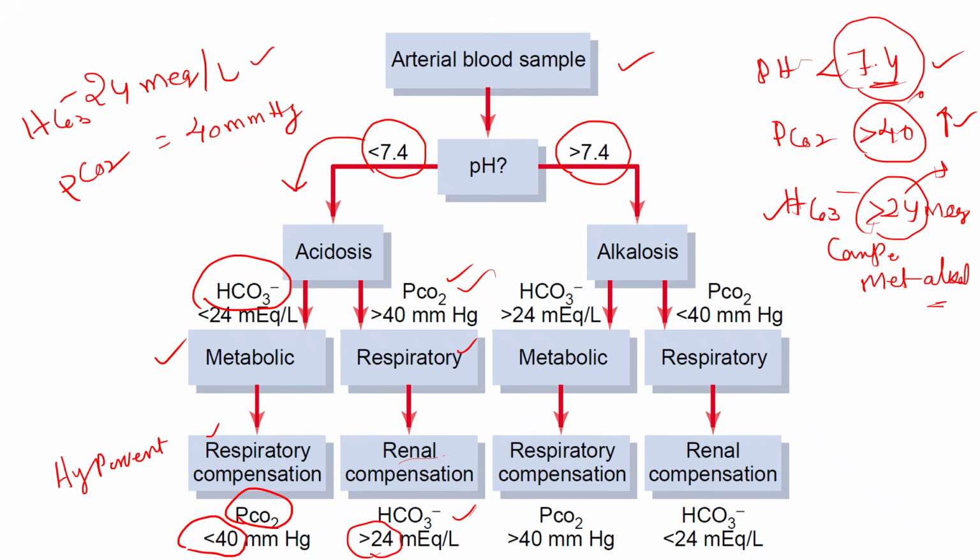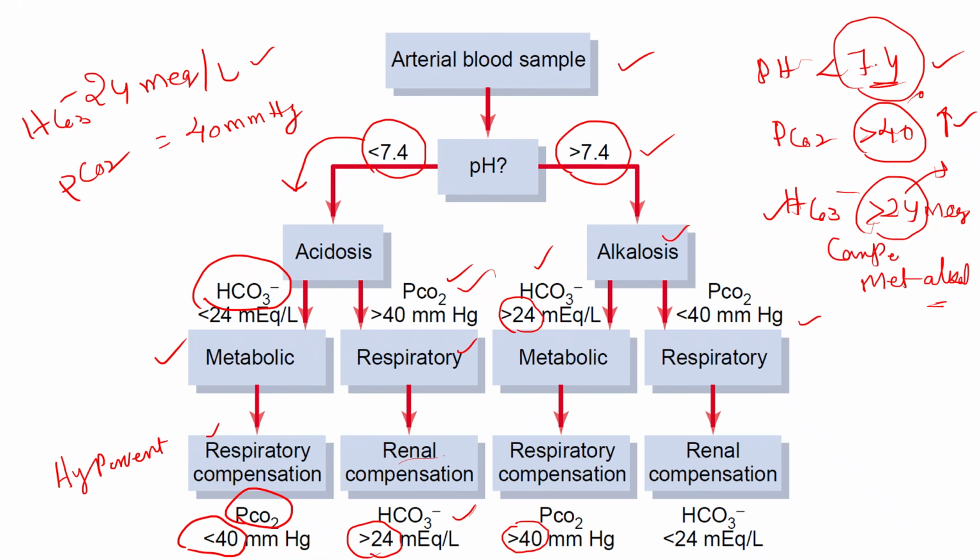Okay, now we'll go for the increased pH. So more than 7.4, it is called alkalosis. So first, if the rise is due to bicarbonate rise, we call that metabolic alkalosis, or if it is due to fall in CO2, we call that respiratory alkalosis. So metabolic alkalosis is compensated by hypoventilation that causes accumulation of CO2, so CO2 value increases.